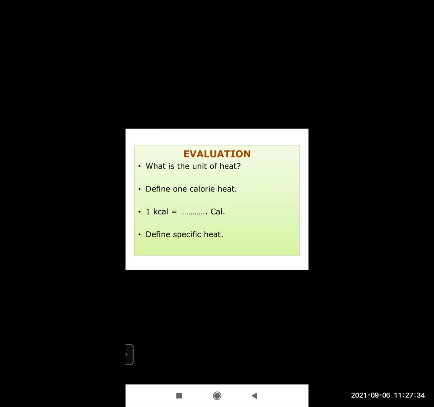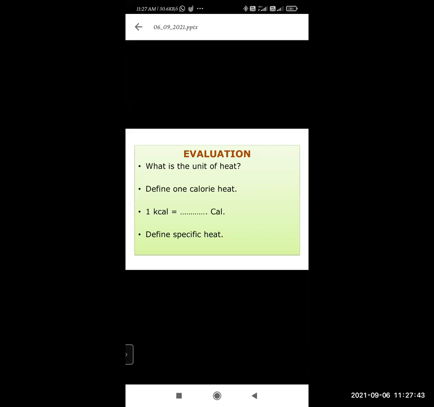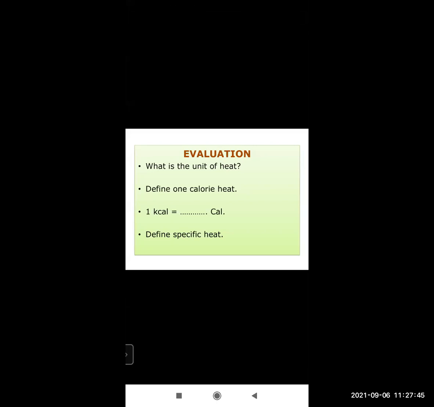Now, last question, define specific heat of the object, or define specific heat. Just you have to tell the definition. Anyone can try?